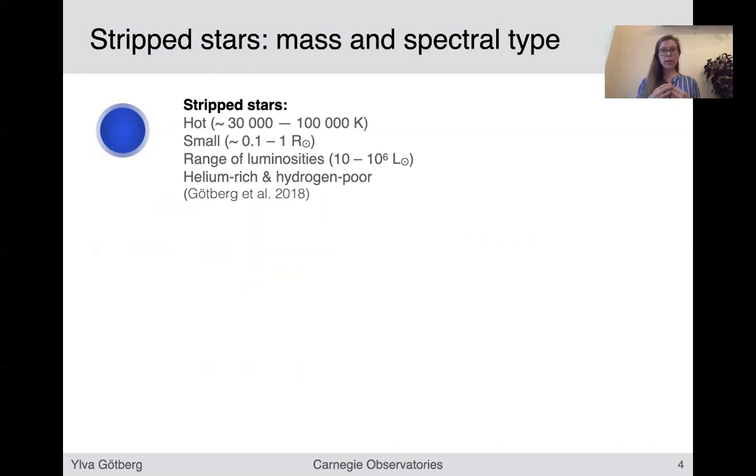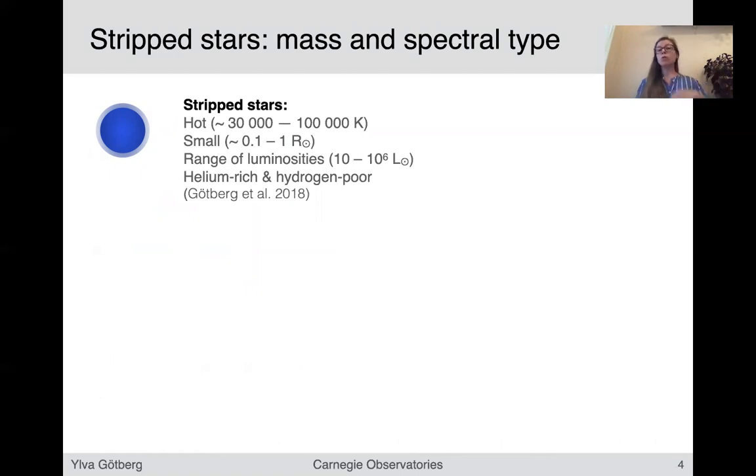They are typically really hot stars, between 30 and 100,000 Kelvin. They are small, smaller than a solar radius, or maybe 0.1 solar radius, which will be crucial for understanding them as gravitational wave sources.